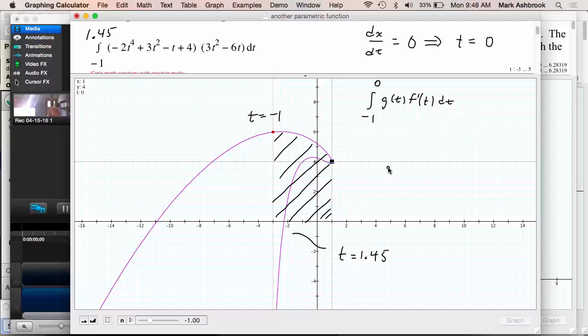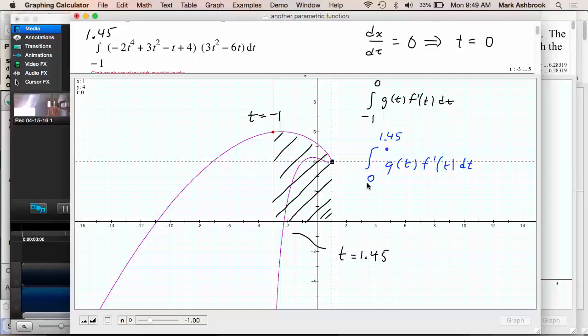Okay, so the black integral will give me that black shaded region. Are we good? Now, if I do the integral, I'll do blue. If I go from t equals 0 to 1.45 of g(t) f prime of t, what will that give me? So that will be going starting from here to here. But what is the x value doing?